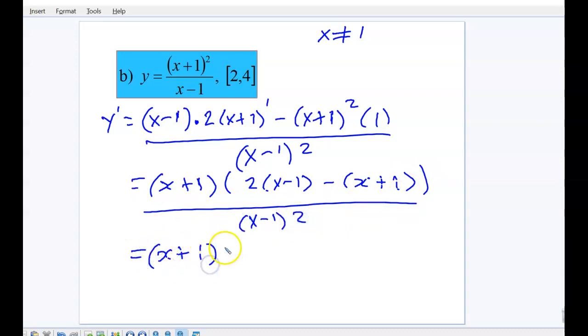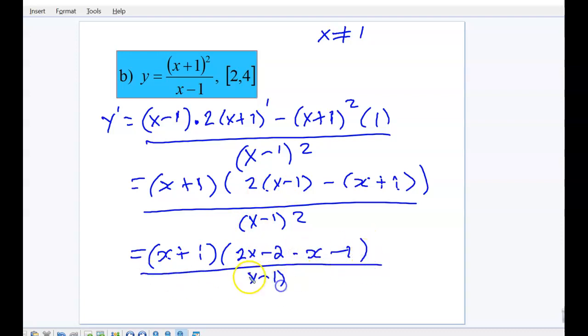If I distribute here, I get x plus 1 times 2x minus 2 minus x minus 1, all over x minus 1 squared. So this is going to be x plus 1, this factor here is going to be x minus 3, and this is all over x minus 1 all squared.